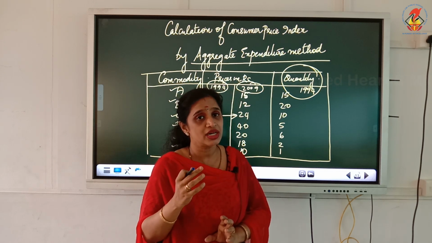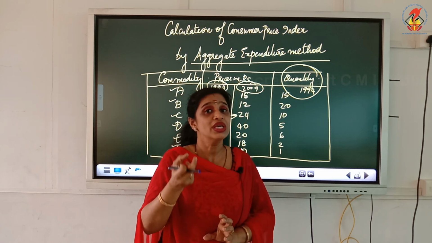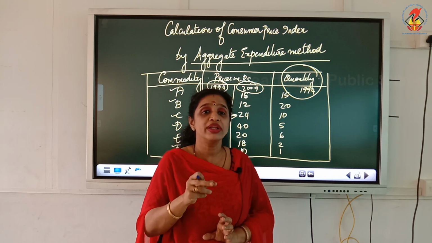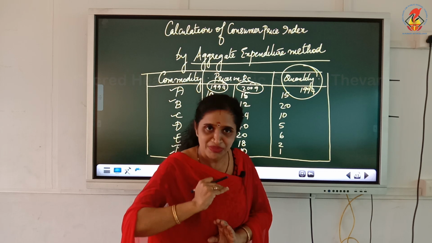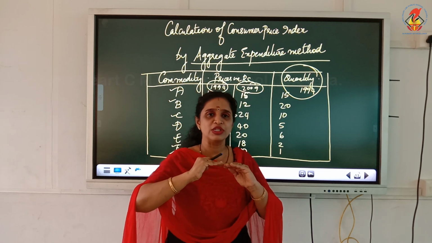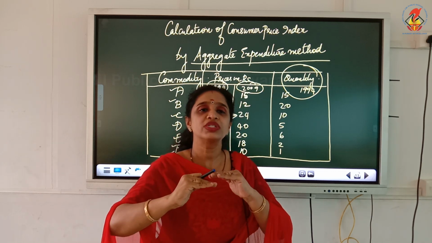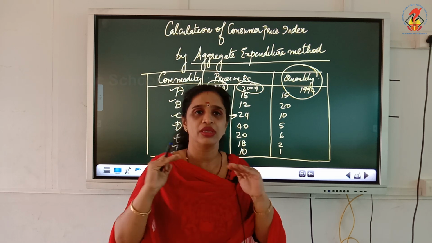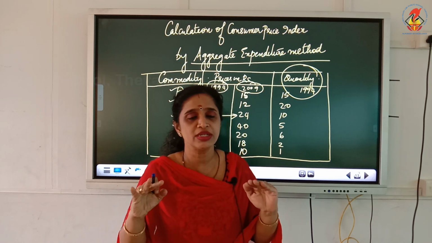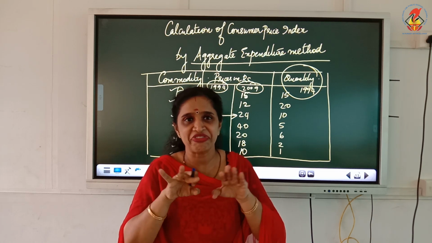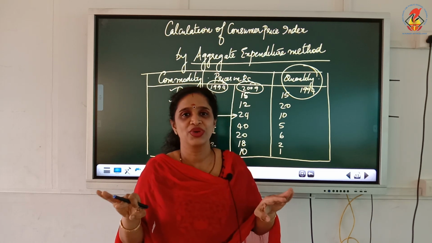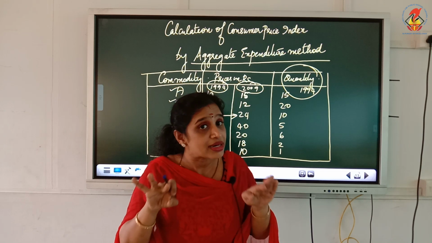So, here we give importance to the base year quantity, the quantity consumed in 1994, and we go with the assumption that consumers are consuming almost the same commodities in the coming years. The consumption of goods will be the same for the particular family in the coming years too. Therefore, we are not writing the current year quantity.